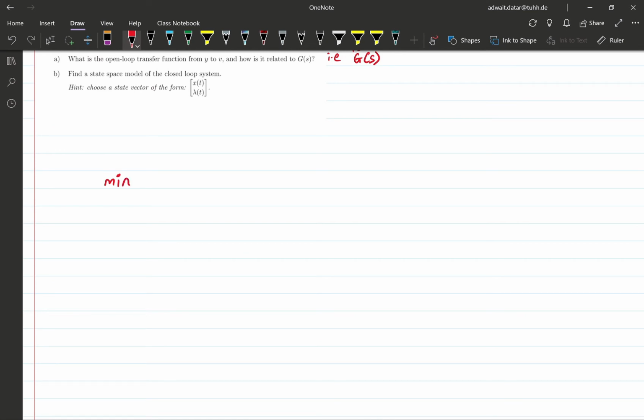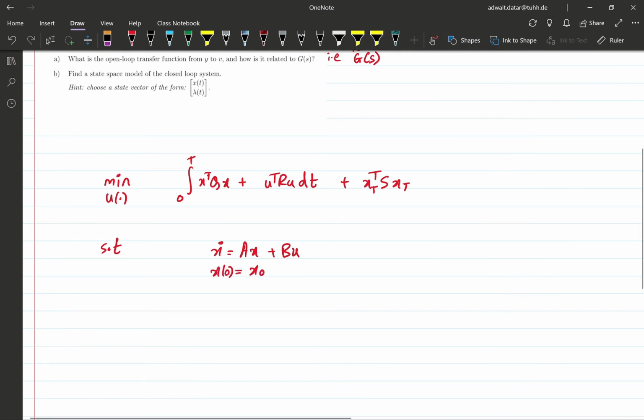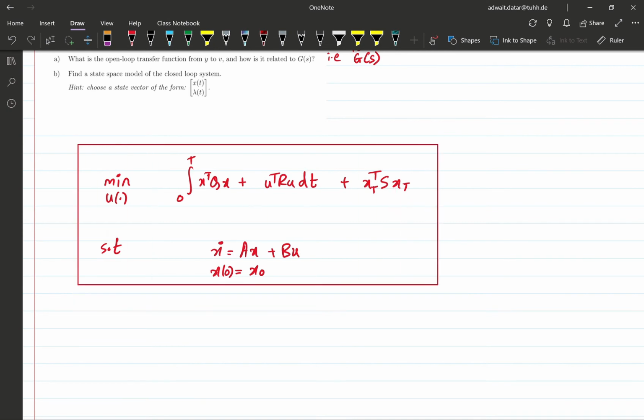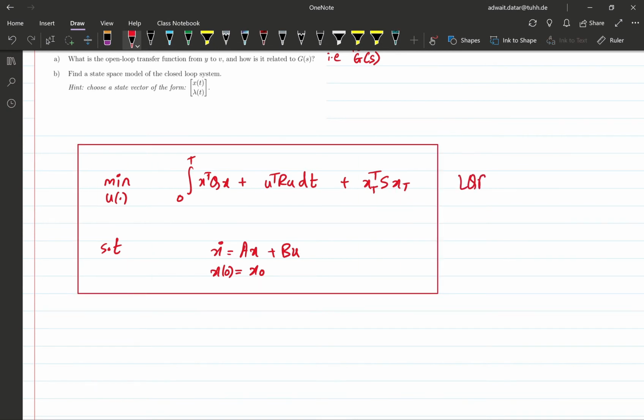Remember, we are trying to solve this LQR problem subject to, so that's our key control problem. We call it the LQR problem, linear quadratic regulator problem.